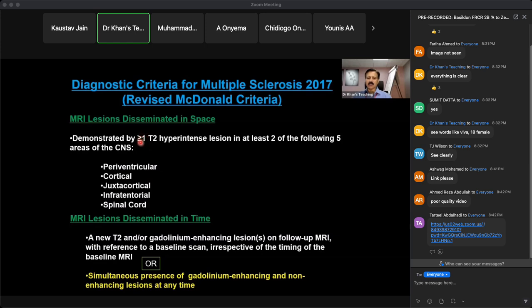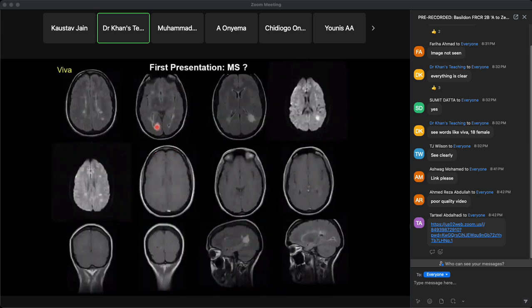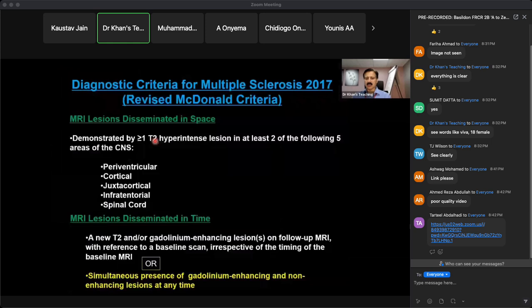And how many lesions? At least one or more than one. So in this particular case, you can see so many, you don't have to count them. Some of them are definitely periventricular, and then there are subcortical ones here. So the criteria is met. Dissemination in space is met.